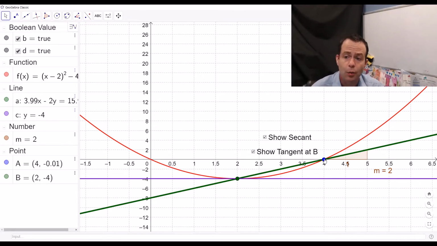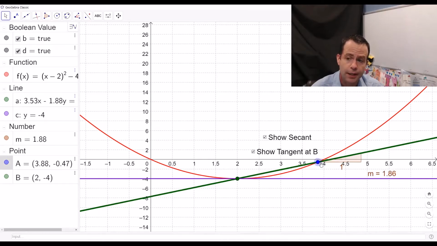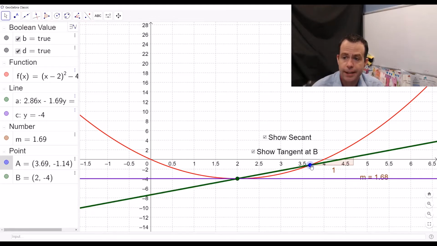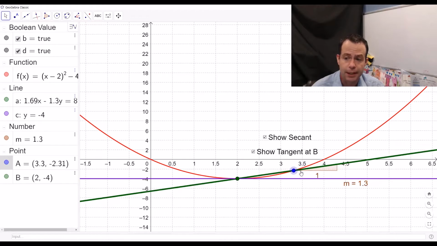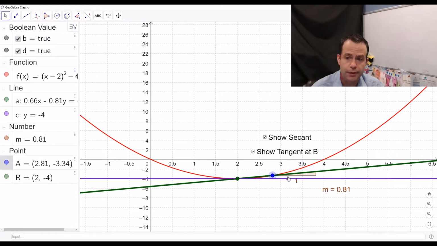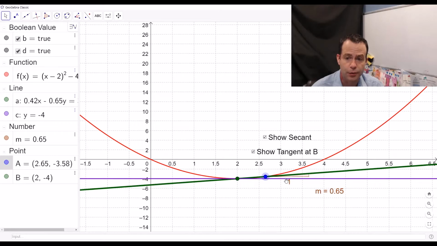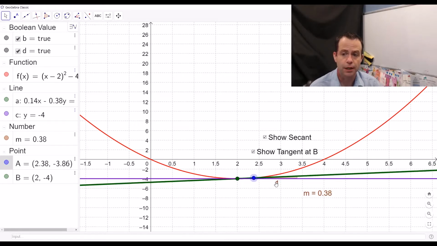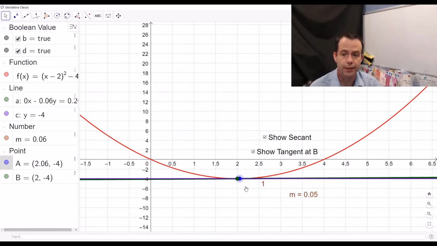Now what I'm going to do is take that secant line and start approaching the other line. And as I do that, I want you to look over here. You can see that my slope is now 1.84, and then I just keep going, and it keeps getting smaller and smaller as it approaches. You can see the slope also approaching, and so we get to the point of tangency.